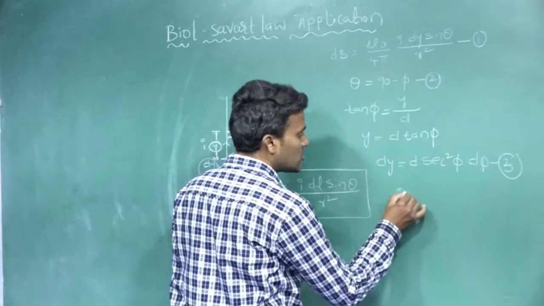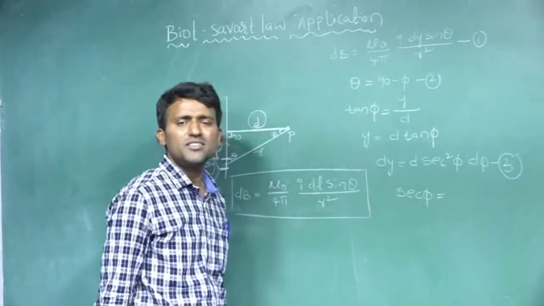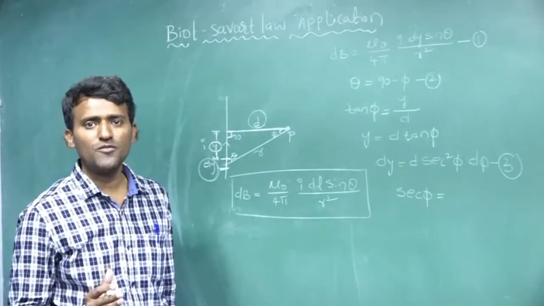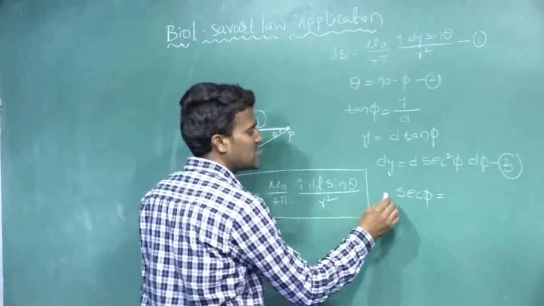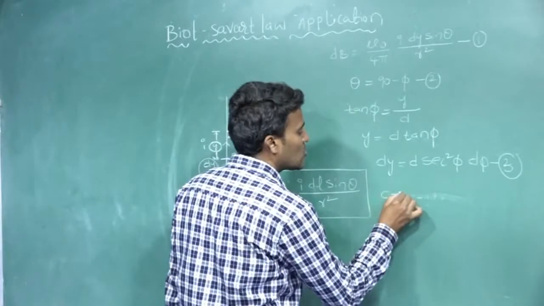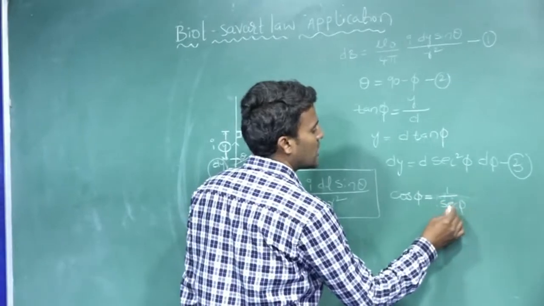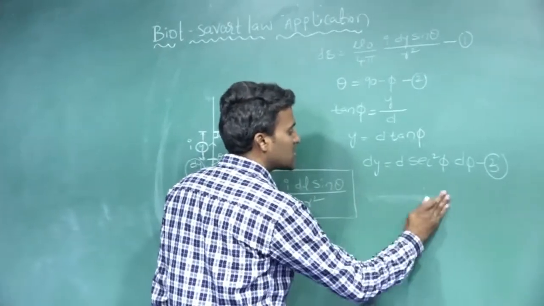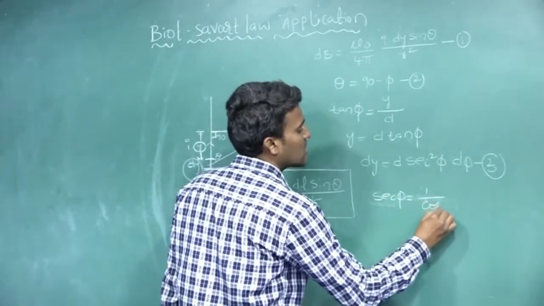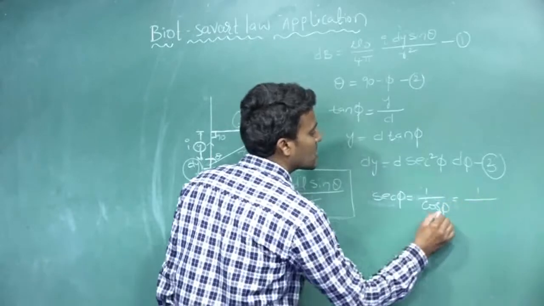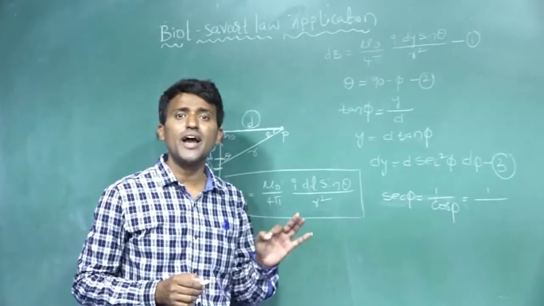Okay. Now sec phi is nothing but the reciprocal of cos. Now in this triangle, cos phi is equal to 1 divided by sec phi. Otherwise, for your understanding, sec phi is equal to 1 divided by cos phi. Now cos phi is adjacent side divided by hypotenuse.